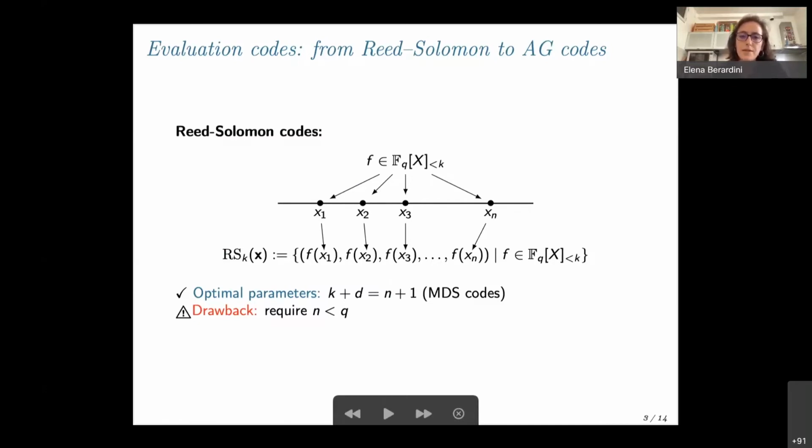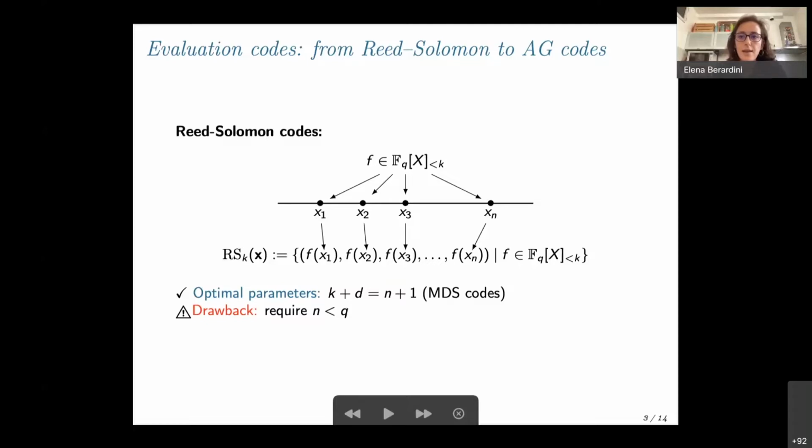But the point is that since you use the elements of F_q to construct these codes, you cannot construct codes longer than q, which means that if you want very long codes, you will be forced to use finite fields of very large cardinality. And from a computational point of view, this can be hard. This is exactly one of the motivations behind the use of curves in the construction of these codes.